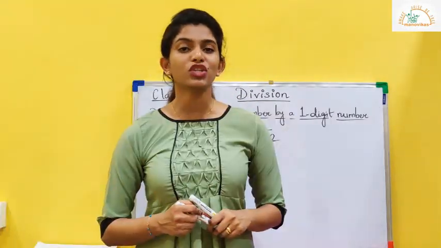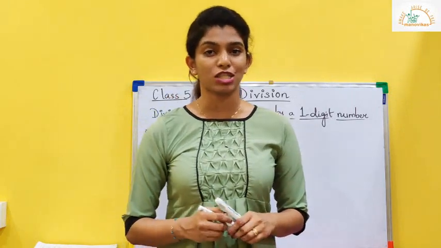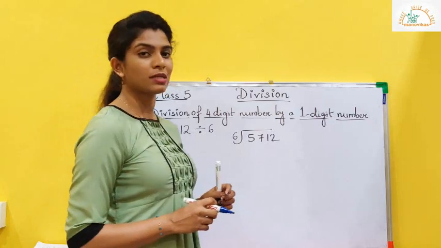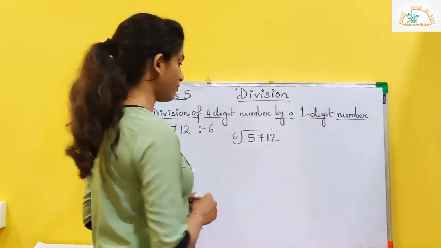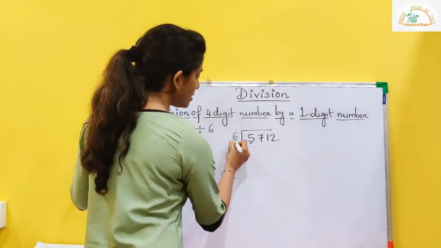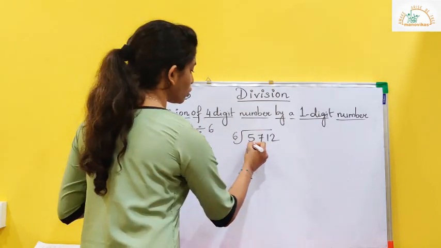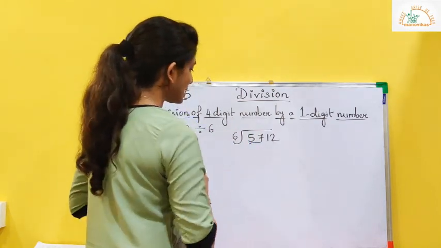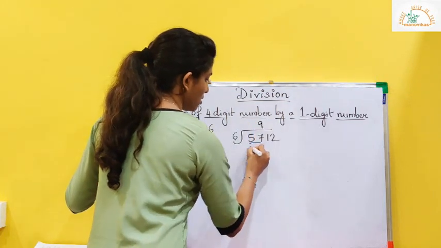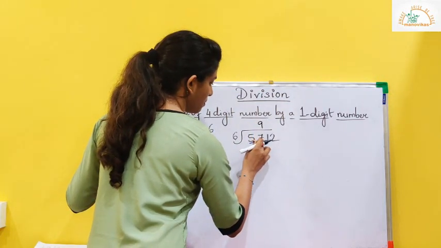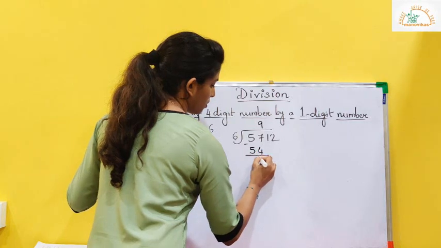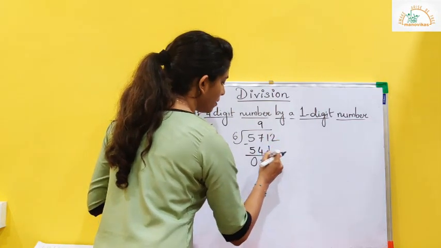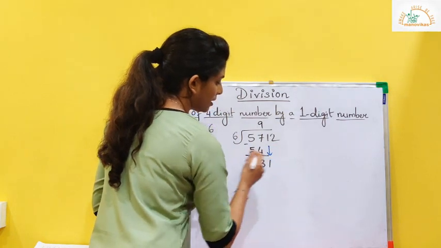Okay, now let's do division of a 4-digit number by a 1-digit number. Here is an example, 5712 divided by 5. Now you know that 5 is smaller than 6, so I have to look at the 2 digits, that is 57. You know 6 nines is 54. We get 3. Now bring down 1. So I write 1 here.